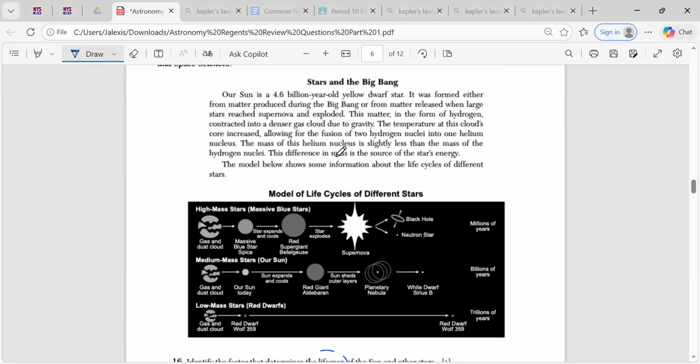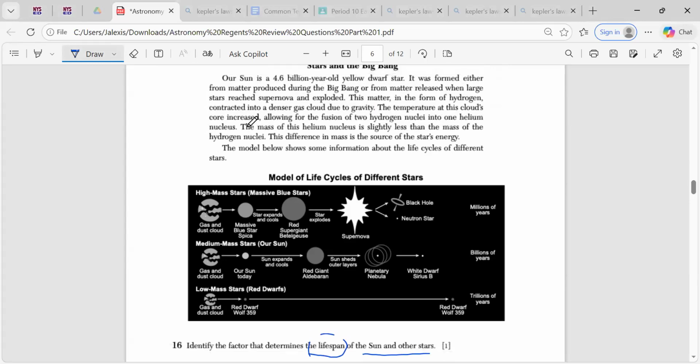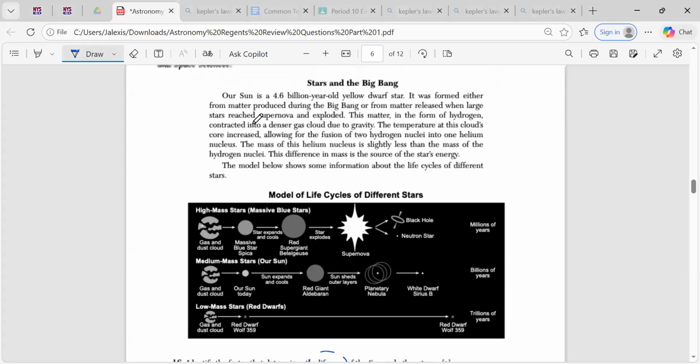So I'm going to do a quick scan. Do I see anything that lets me know what determines the lifespan of the sun and other stars?